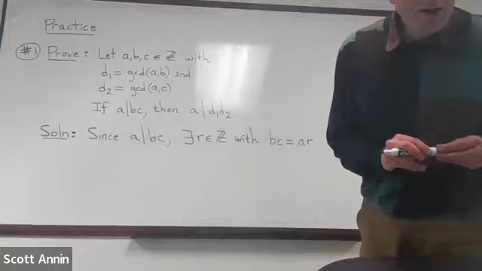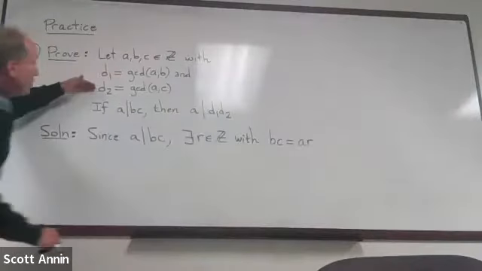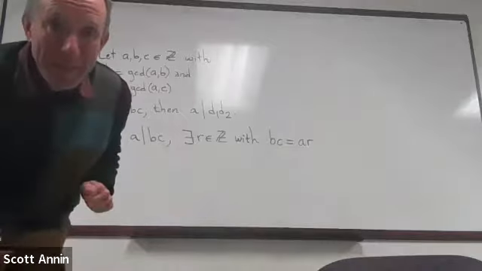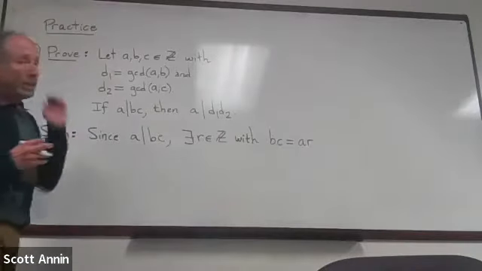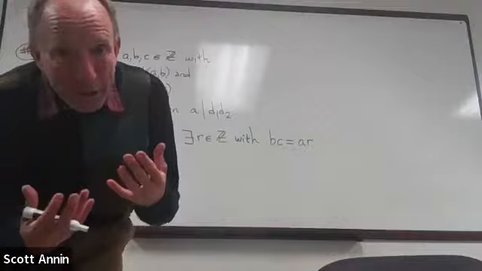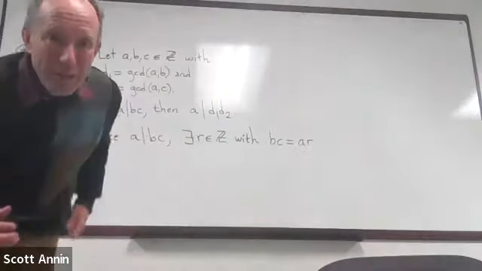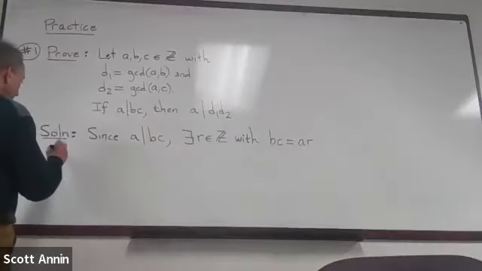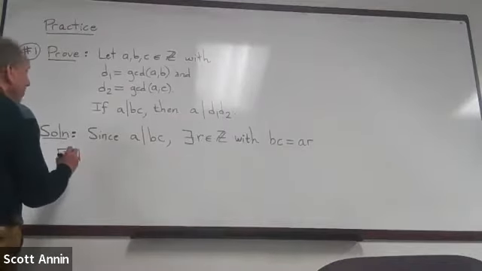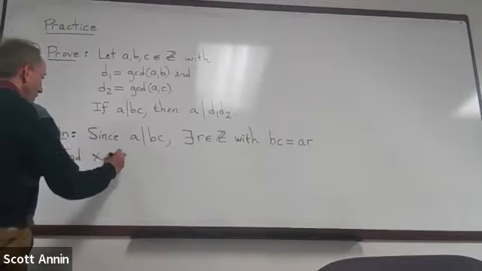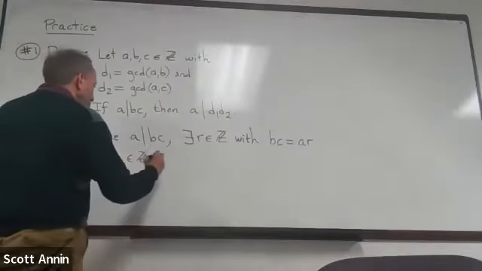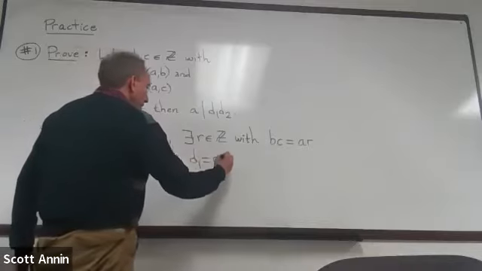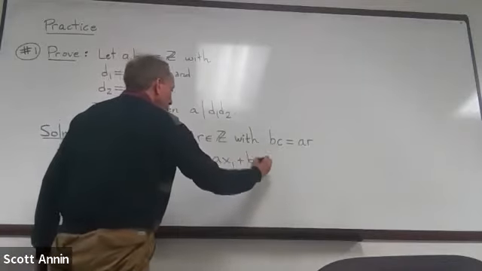Now, likewise, we also have D1 and D2. These are the greatest common divisors of A and B and A and C. So we can actually write both D1 and D2 as integer combinations of the respective letters of A, B, and C. So what I'm going to do is find, let's say, X1 and Y1 in the integers such that D1 is AX1 plus BY1.